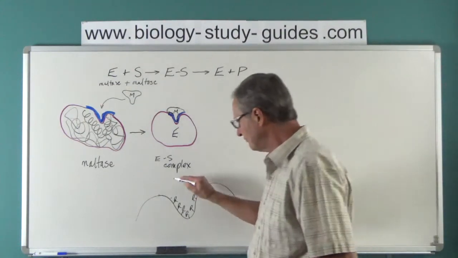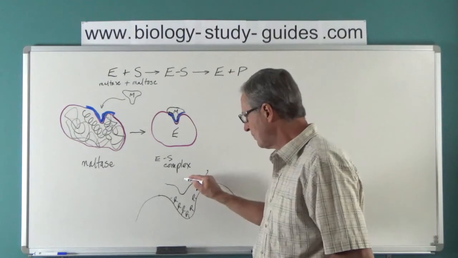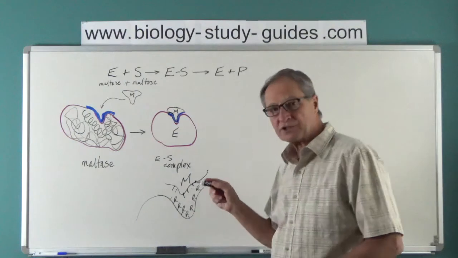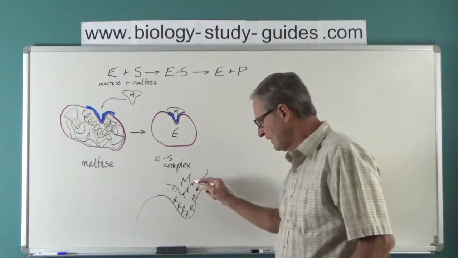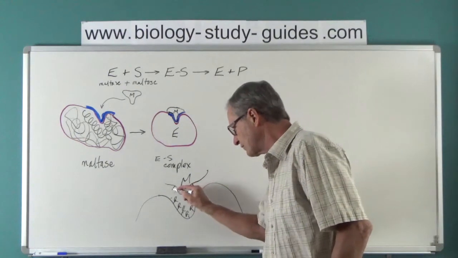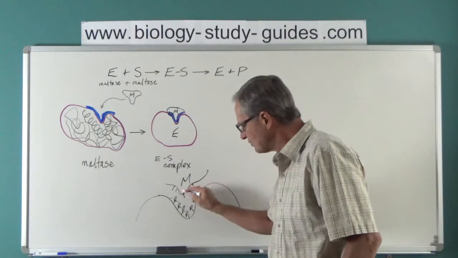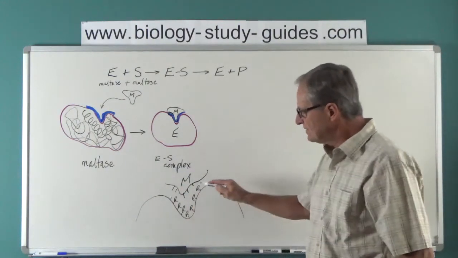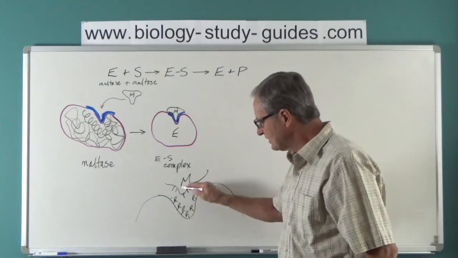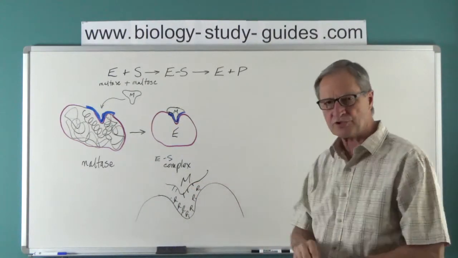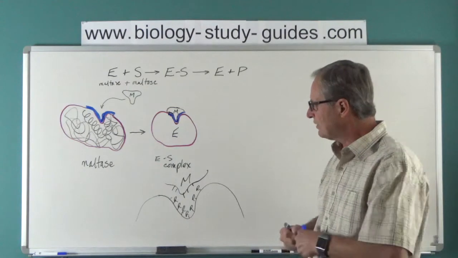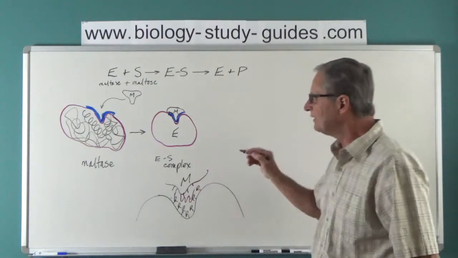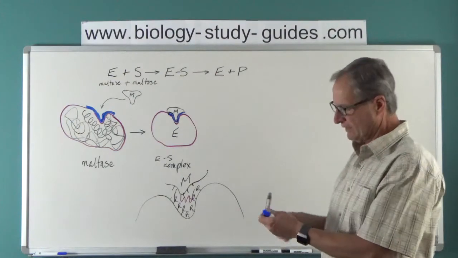Maltose itself, as a molecule, has hydroxide groups sticking out, so it has certain polarities and certain chemical nature to it. This thing is so precise that it's the chemical nature of the molecules that interact that actually allows this thing to get in here. So there's an interaction in here and it's held in there momentarily.